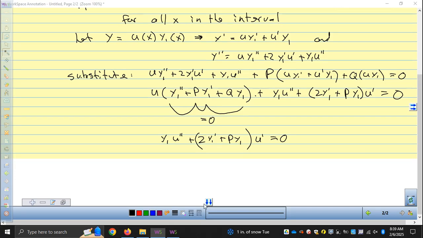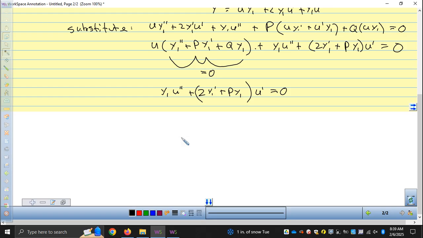Now, as we did in a couple of homework problems, we're going to let w equal u prime. So I have y1 w prime plus 2 y1 prime plus p y1 w equals 0. This is linear and separable.